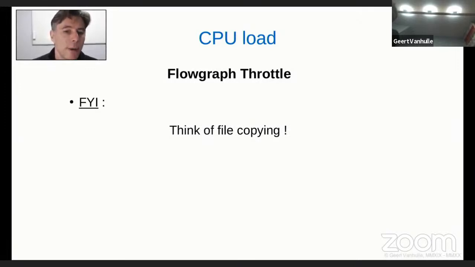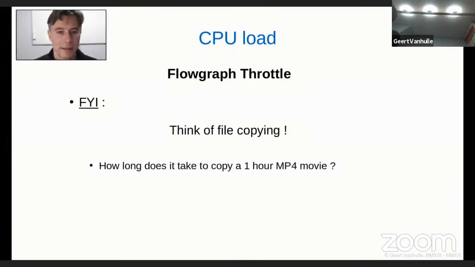the easiest way is to make a small comparison with what we do with file copying. Imagine you have a movie of one hour, an MPEG-4 movie of 1 hour. How long does it take to copy this movie? 1 hour? No, you can copy this movie a lot faster.